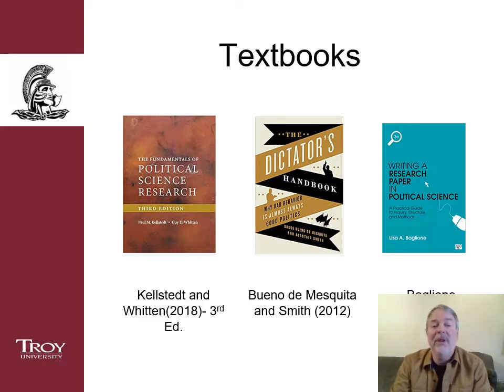We also have the Dictator's Handbook. I think this is a very accessible follow-up to a larger book by Bruce Bueno de Mesquita and Alastair Smith, who also had a few co-authors, Randolph Siverson and James Morrow, on their original work.